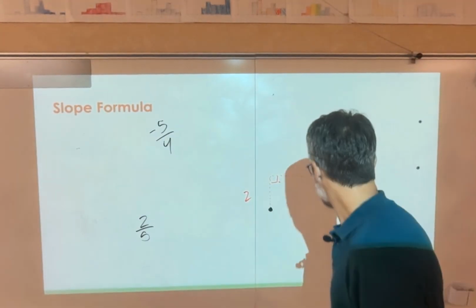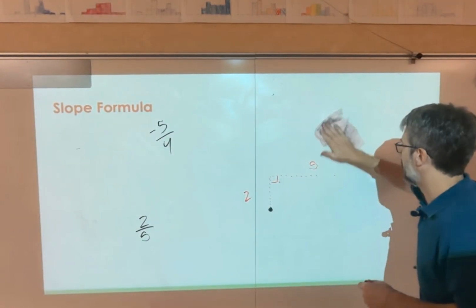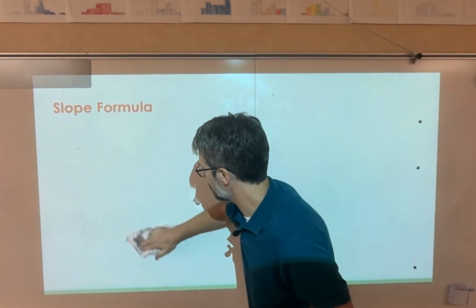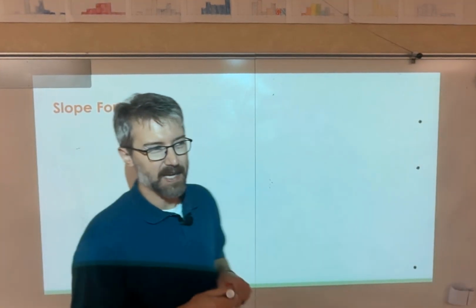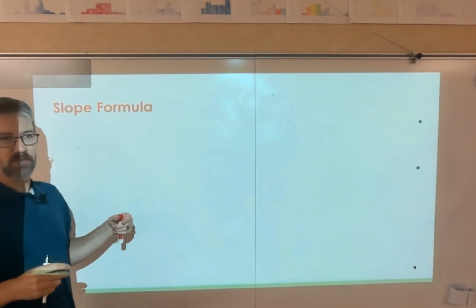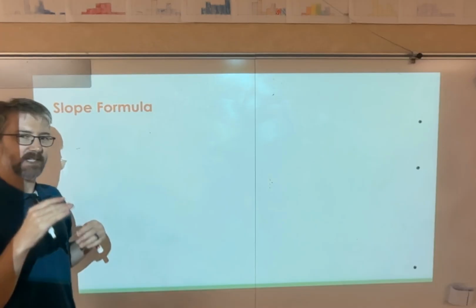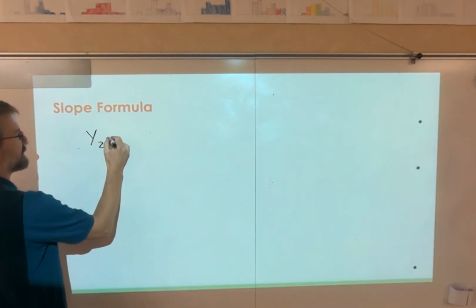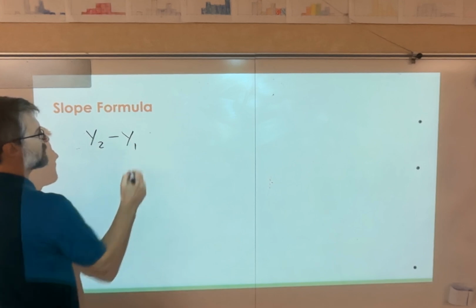All right, now what if we don't have a graph? Our slope formula that we can use, it's still rise over run, right? But with the rise, the y values are our vertical component. That's what sets our rise. So the rise between 2 points is the difference in the y values, right?